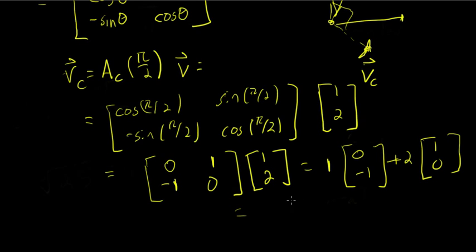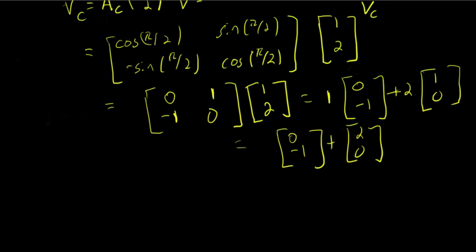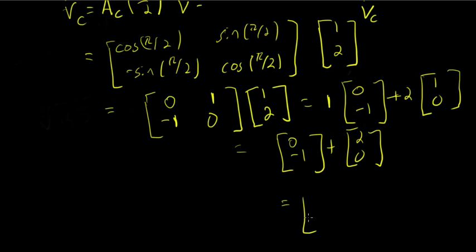And that'll just give us 0, negative 1, plus 2, 0. And adding the corresponding entries, we end up with the vector 2, negative 1.